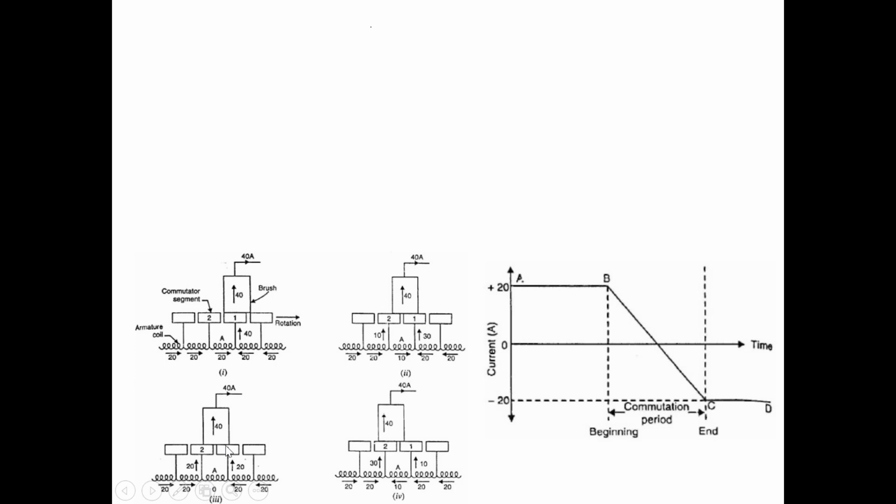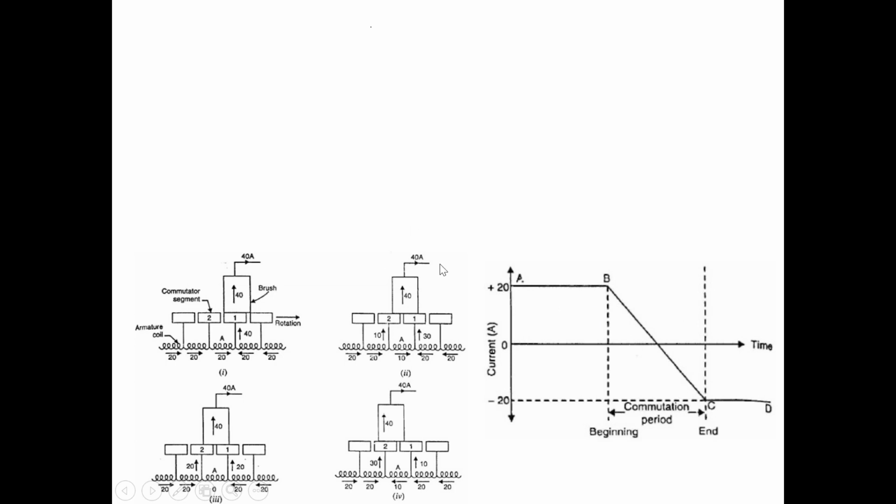Go to another case. If it is almost 50-50%, then 50% from this coil, 50% from this coil. If it is just reversed, that means commutator segment 2 is 75% under consideration and this will be 25%. But according to the definition, commutation is nothing but the process of reversal of current.